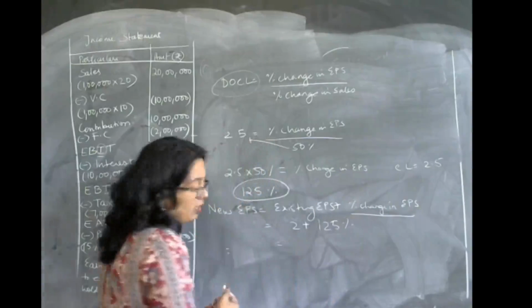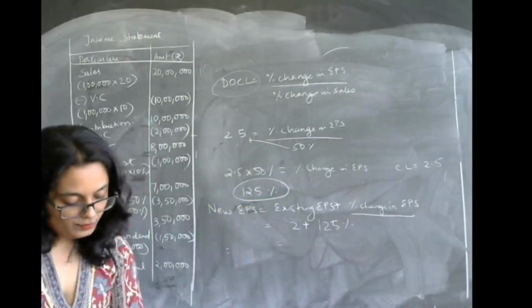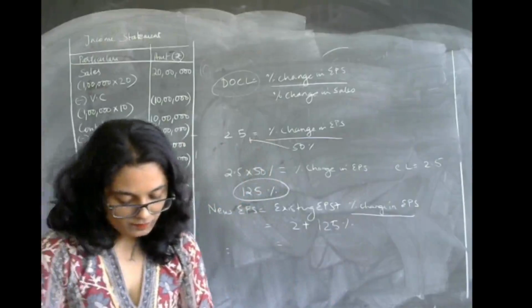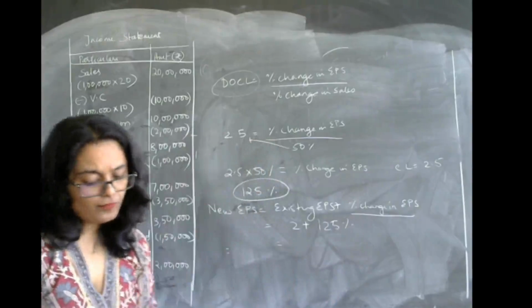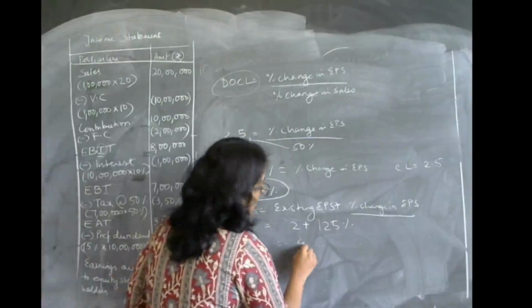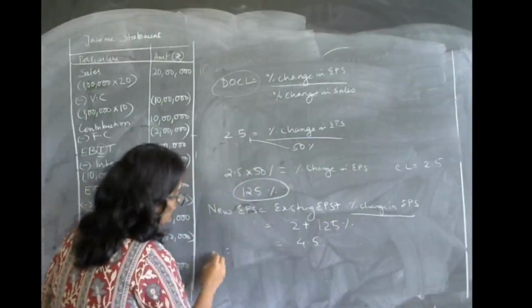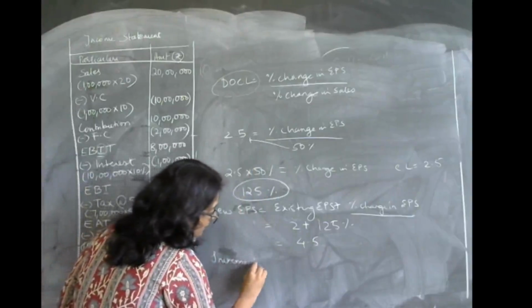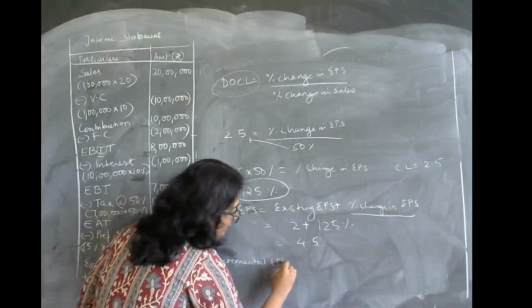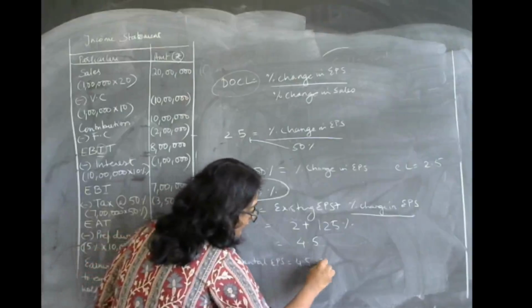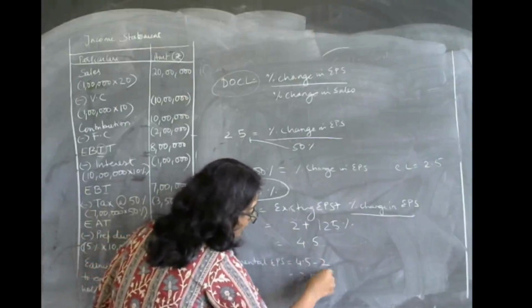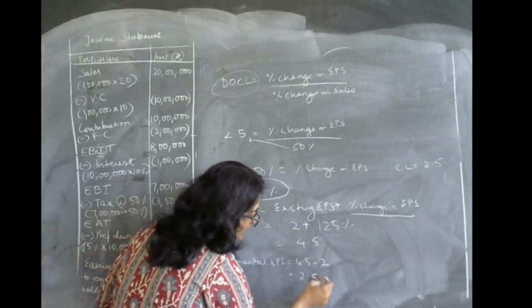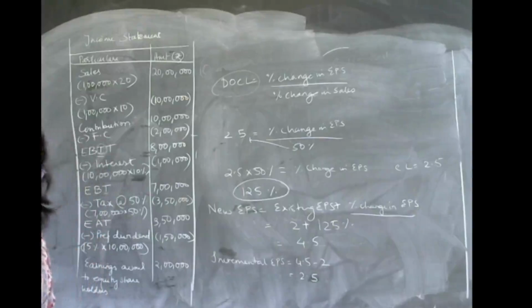So it is coming to how much? It is coming to 4.5. So now the incremental EPS is equal to 4.5 minus 2, which is nothing but 2.5. So your incremental EPS is 2.5.